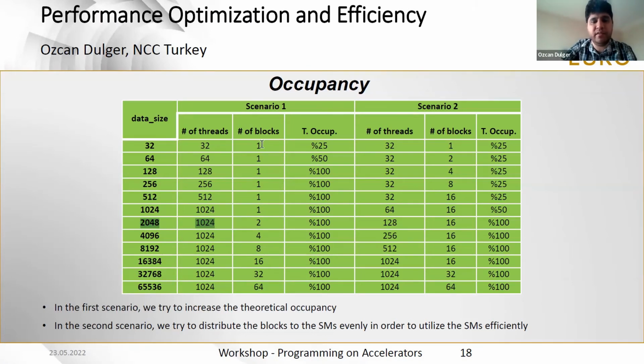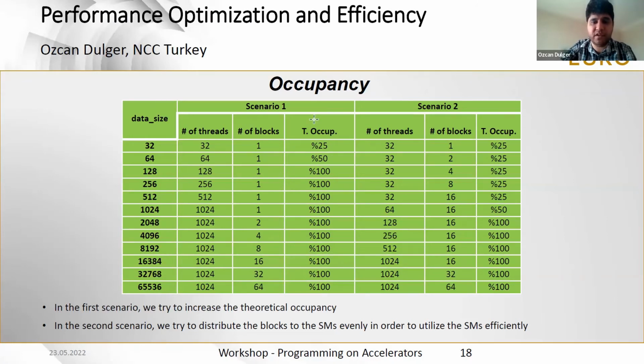In this scenario, as you see, at first one block is created until the data size is 2^11. One block is created, and the number of blocks doubles as the data size doubles.